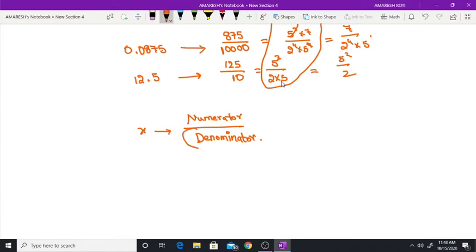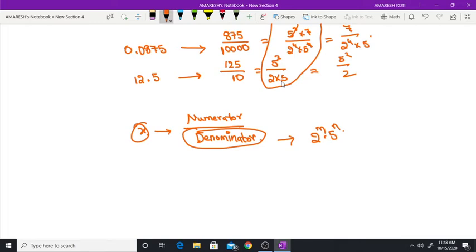If the denominator is in the form 2 power m into 5 power n, then the fraction terminates, meaning it ends.